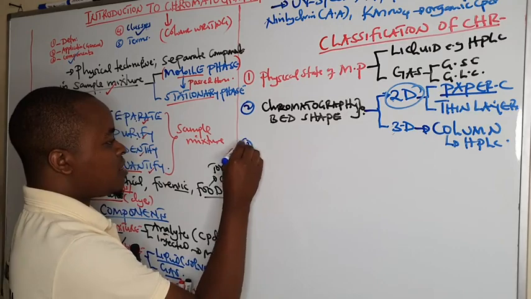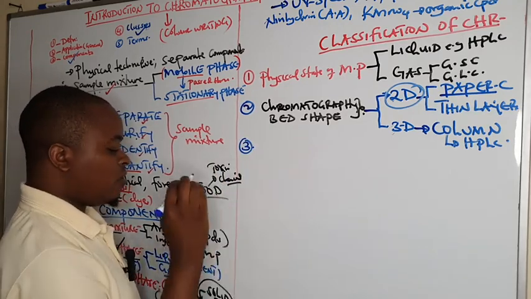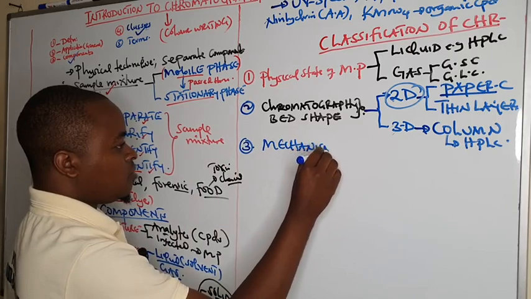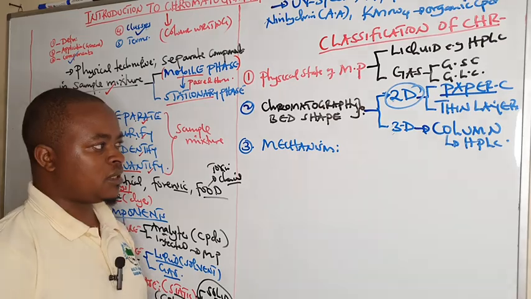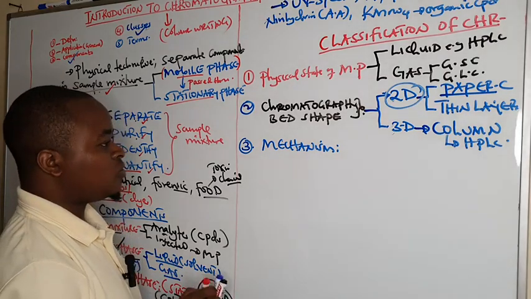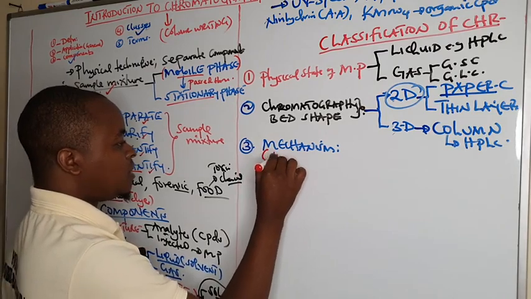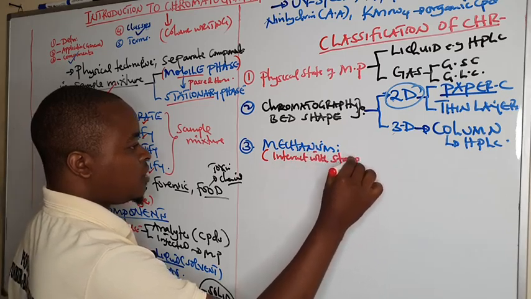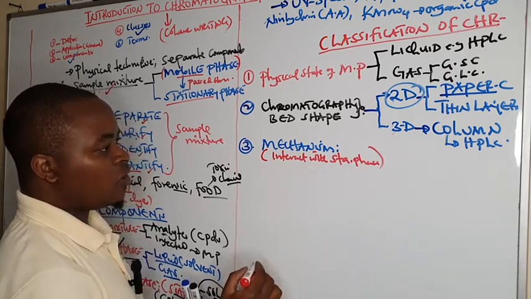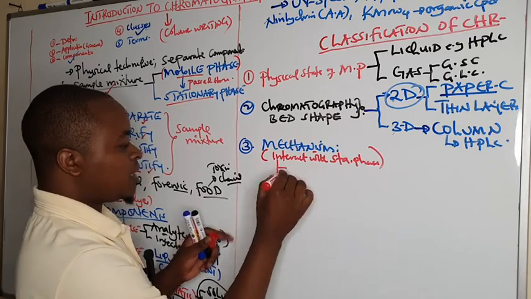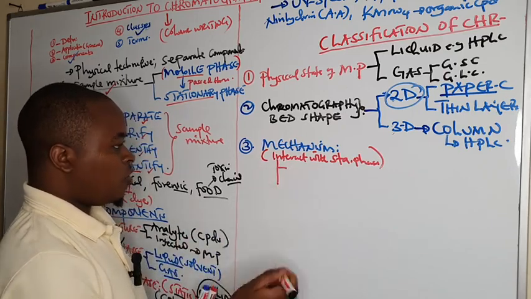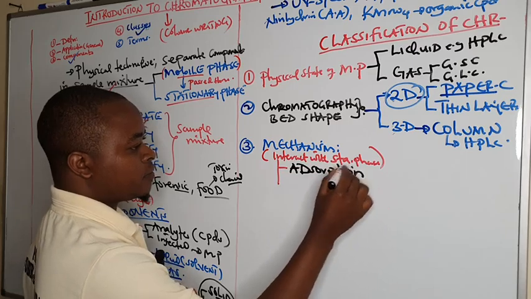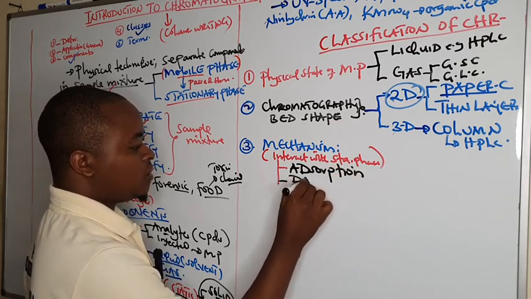The last one, which is the third, is on the basis of mechanism. It is the mechanism on how samples, sample mixtures, are separated. And this mechanism depends on how analytes interact with the stationary phase. So examples, we are going to see adsorption chromatography. We have partition chromatography.